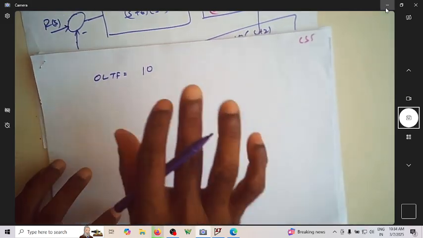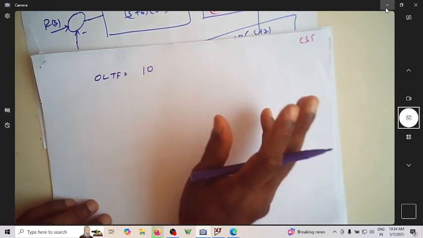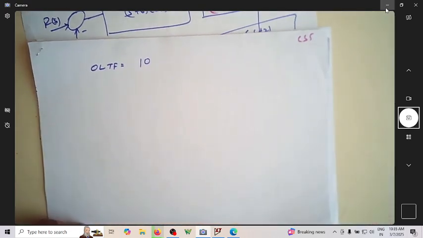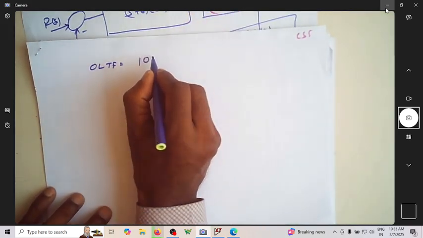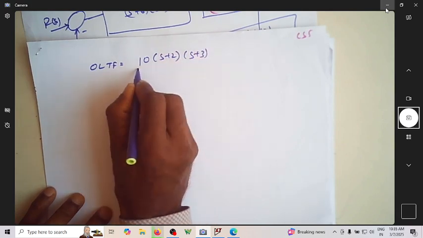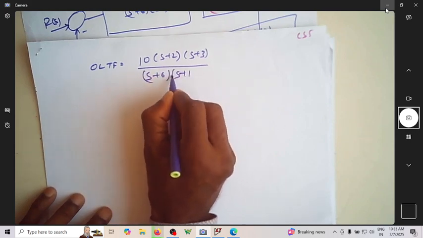It doesn't end in writing an equation, it goes slightly beyond. What is the impact of this on the stability of the system, why this is required, all those things we'll deal with. So it is now s plus 2, s plus 3, and here it is s plus 6 and s plus 1.